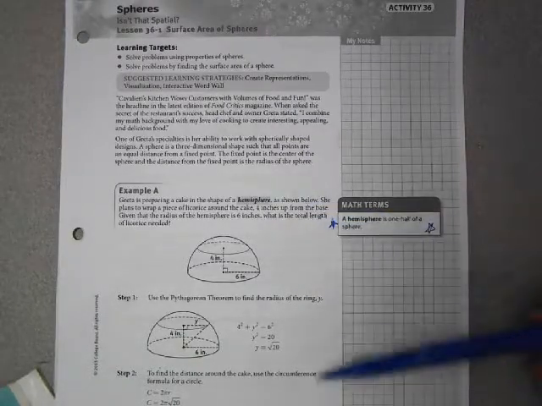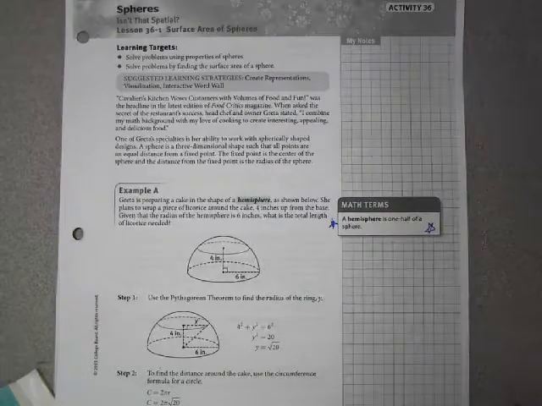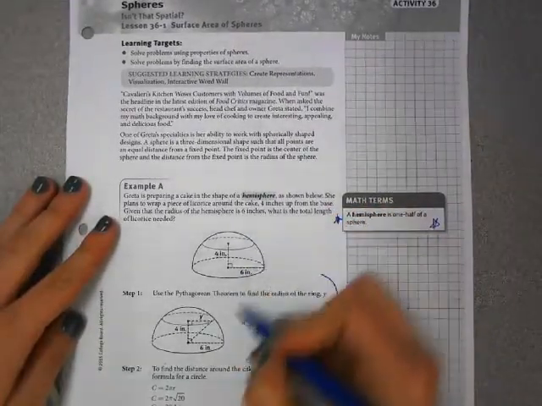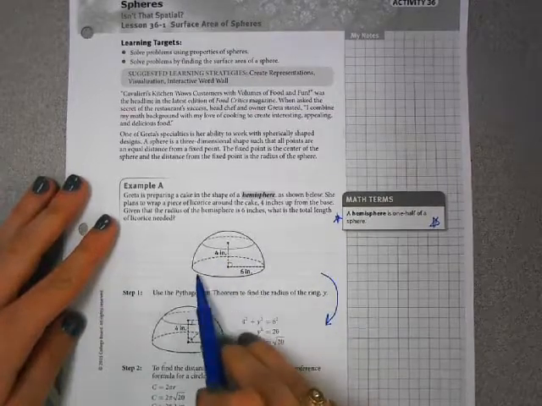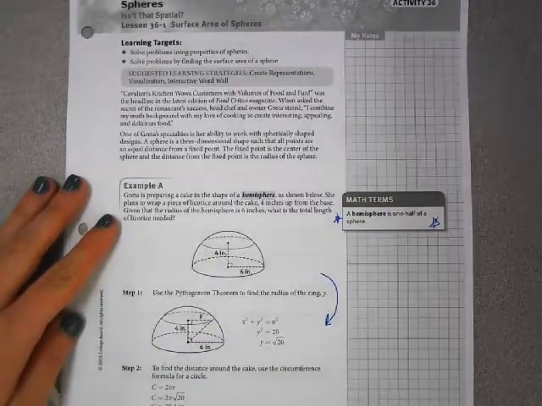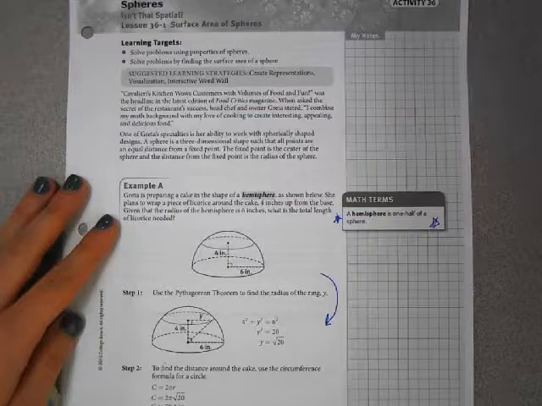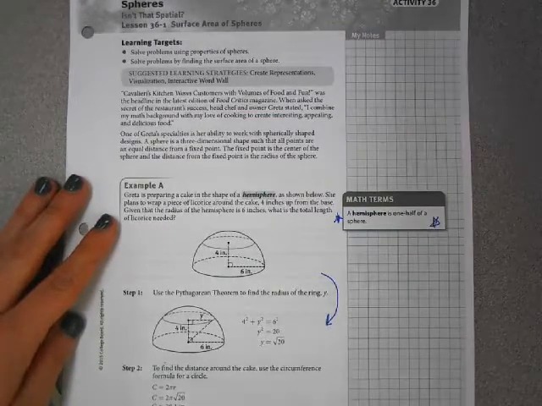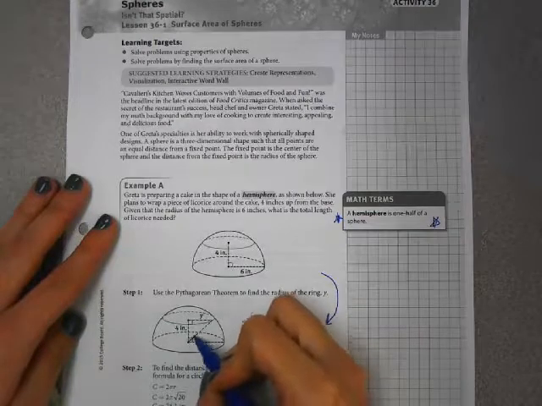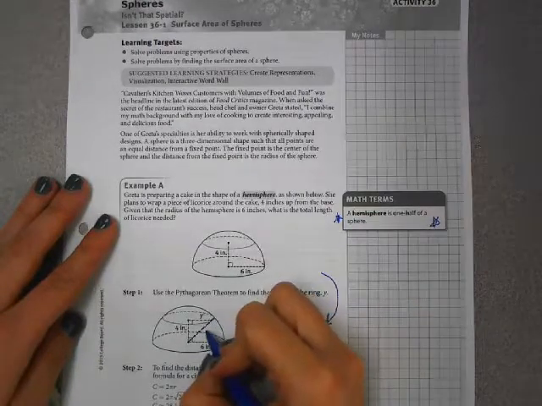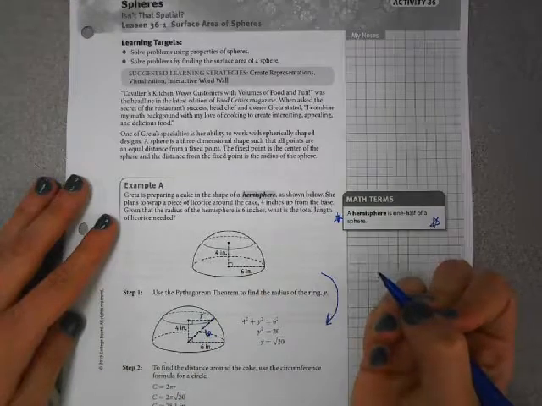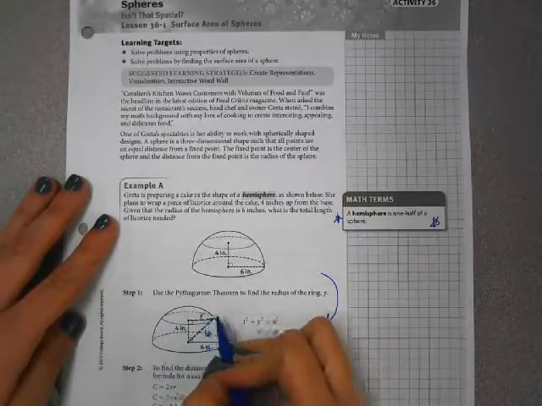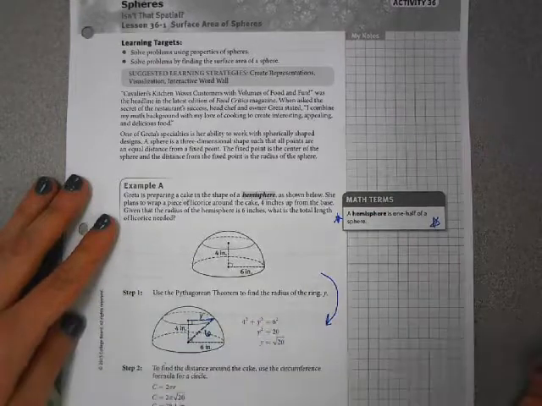So hopefully you looked through example A. I want to point out, what do you think was added from this step to here? If we look at this hemisphere compared to this one, what were the lines that they drew on, and why were they important? So this one right here is our radius. So we know that this distance is also 6, and then y is the radius of our small circle, okay?